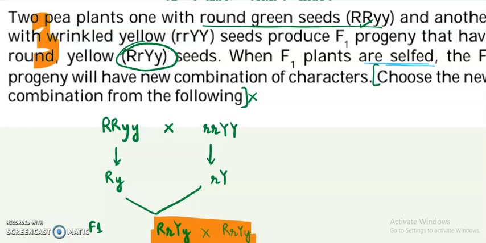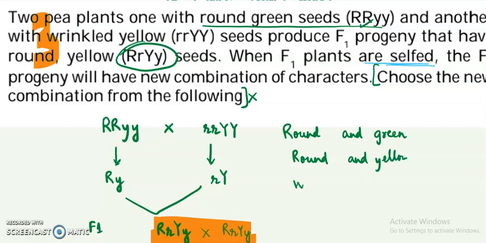So we just write it down. We received round and green, round and yellow, wrinkled and green, and we also received wrinkled and yellow.